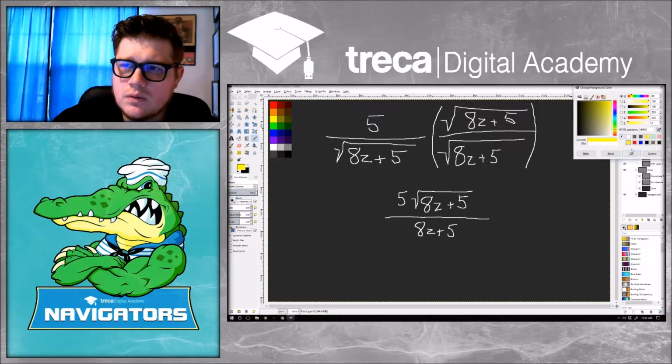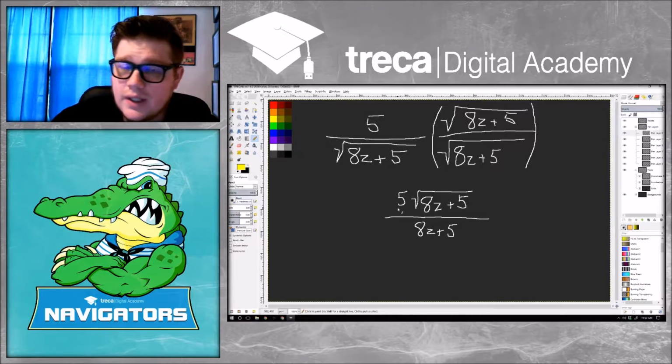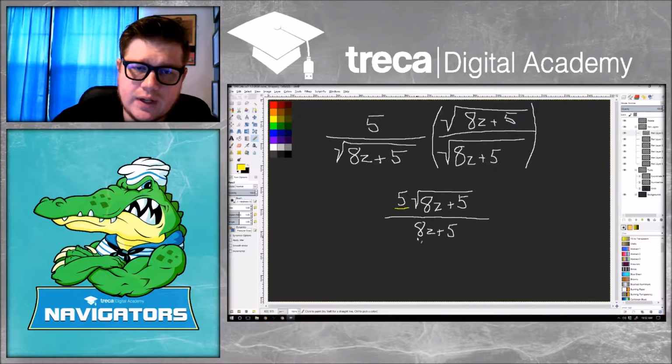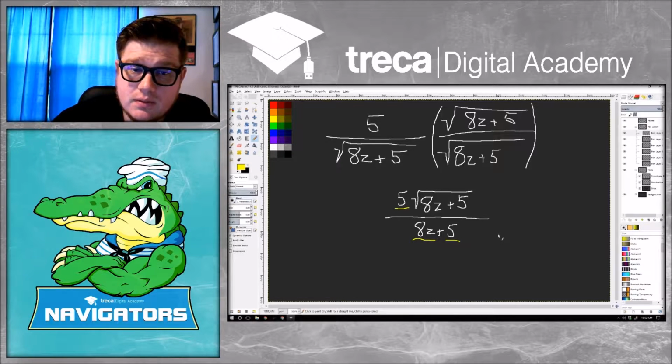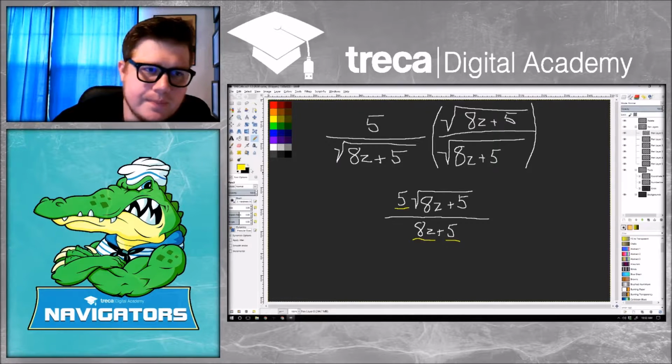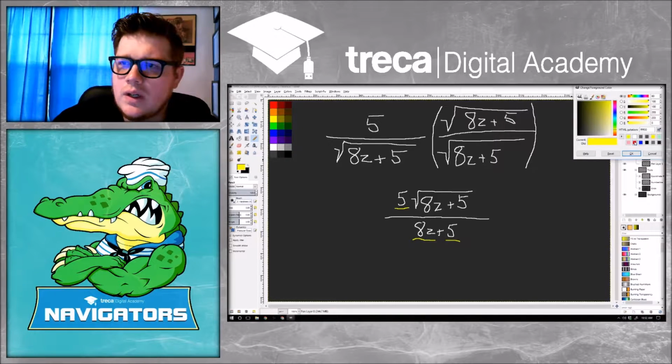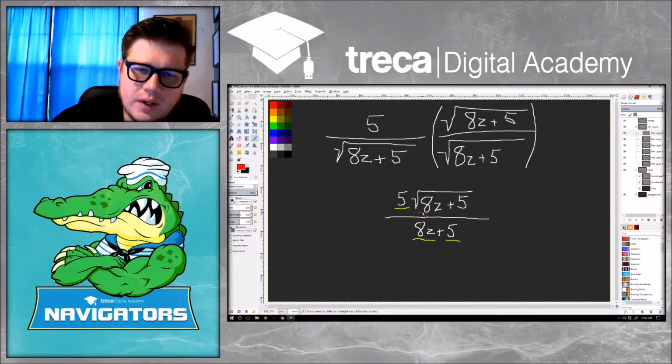So the last thing we can do is look for a number to factor out. For it to be able to factor out, it has to be in all 3 of these places. And there's nothing that factors out of all 3 places. We have a 5 here and a 5 here, but we can't factor a 5 out of 8. And then we could say, well, let's look under the radical.